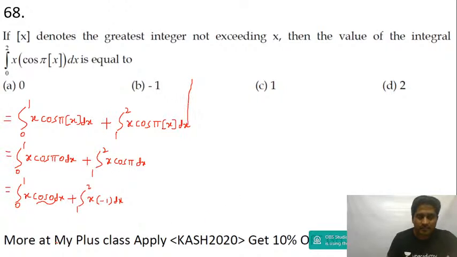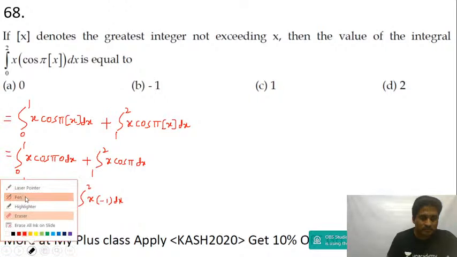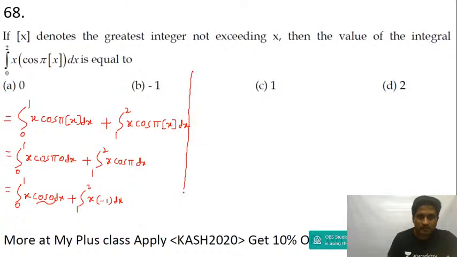Now if I integrate this, it's equal to integration of 0 to 1, cos 0 will be 1, you get x dx, minus integration of 1 to 2 x dx. I integrate this, I get the answer. Integration of x is x square by 2.